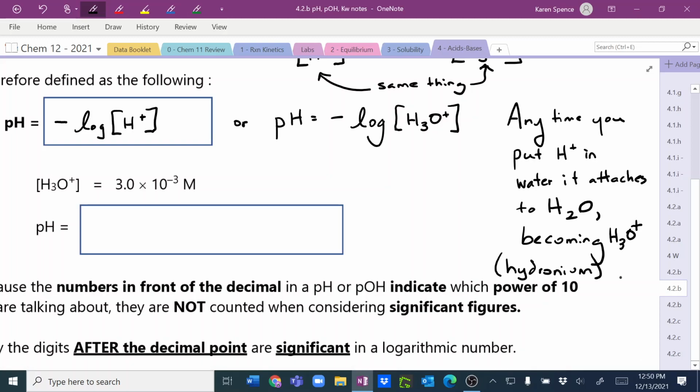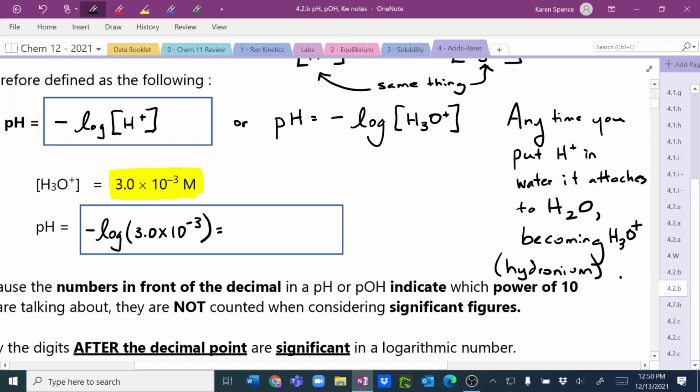All right, so let's say that we wanted to find the pH of a solution where our hydronium ion concentration is 3 times 10 to the negative 3. So we are going to take the negative log of 3.0 times 10 to the negative 3.